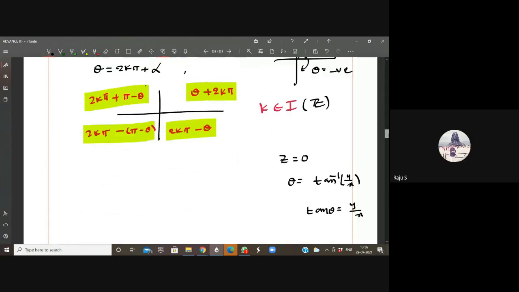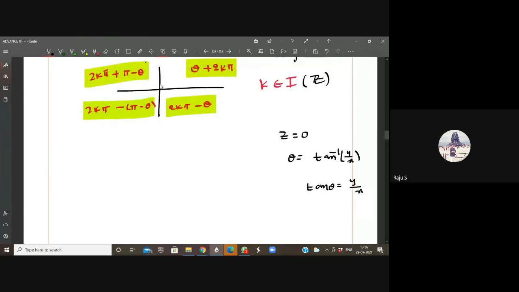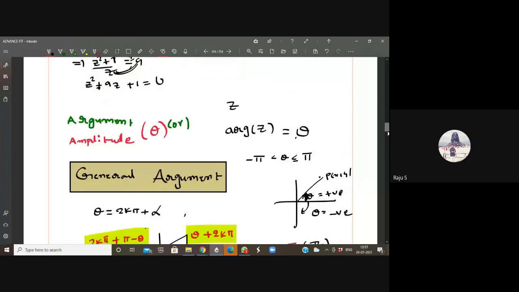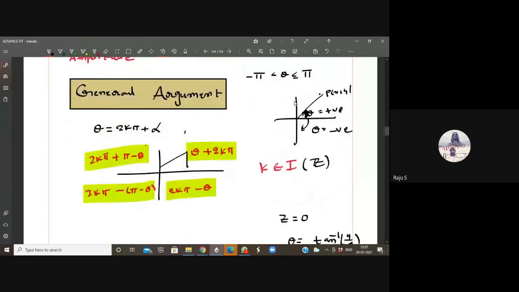From this we are going to get the theta value. If I take a point here, theta, y by what is the value? Pi by 2.